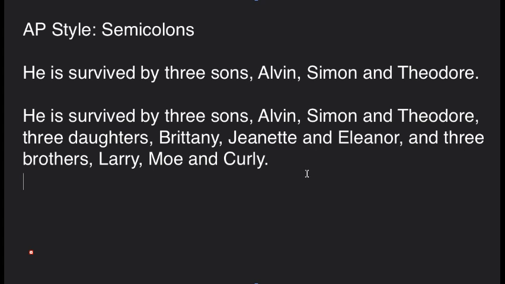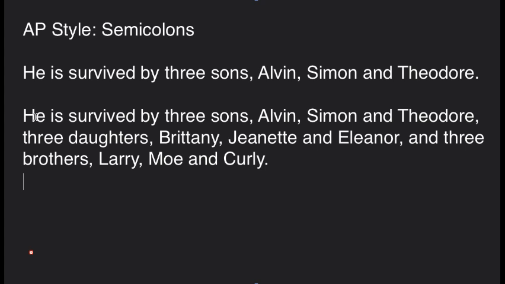So what we need is a punctuation mark that will show some levels of separation. So the semicolon is going to show the separation between the bigger items, okay, the separation between the lists themselves. And the commas will be used to show the separation between the items within the individual list.